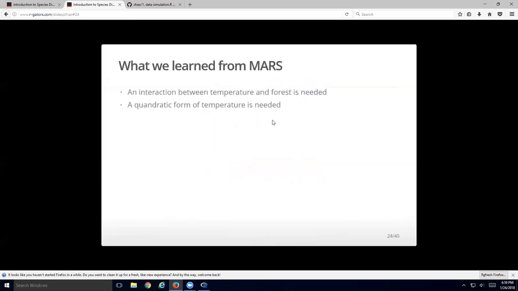Okay, so at this point, we learned a lot of things from Mars. We know that an interaction between temperature and forest is needed in the model because the fit2 model is better than the fit1 model based on the AUC values. And by looking at the graph in the previous slide, we can say a quadratic form is needed for the temperature.